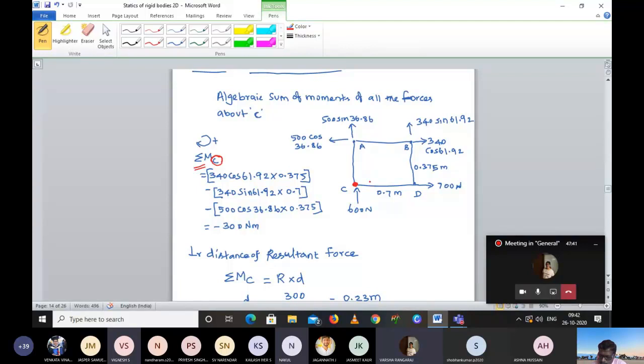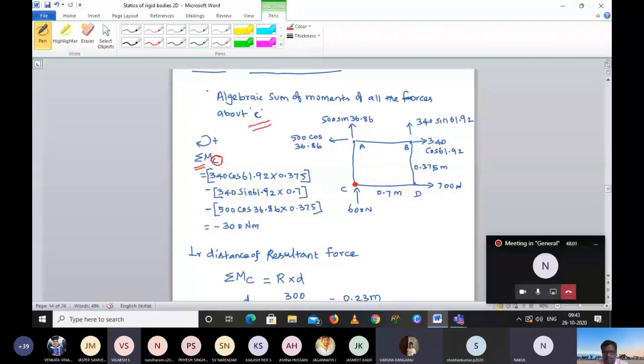Sir, did the question say C? Because I don't think the question said to calculate moment about C. No, it doesn't matter. This is my assumption. You can take D, you can take C, you can take A. Is it okay? Okay, sir.